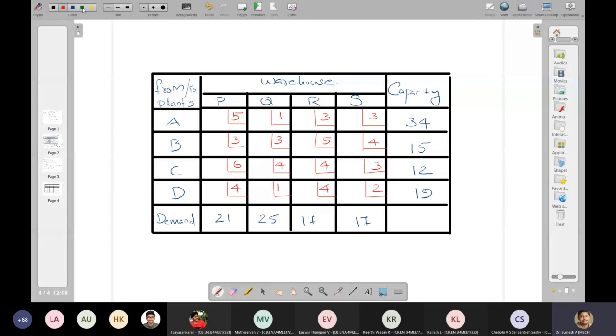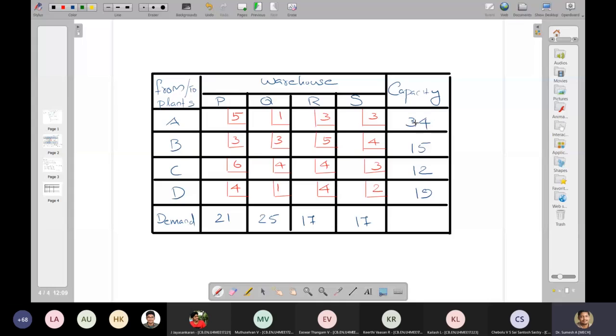So you have 4 plants A, B, C and D, and 4 warehouses P, Q, R, S. The demand on the warehouses is given: P has a demand of 21, Q has 25, R has 17 and S has 17.